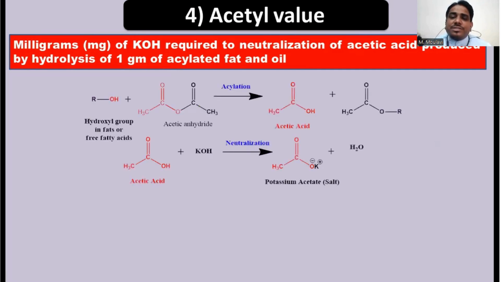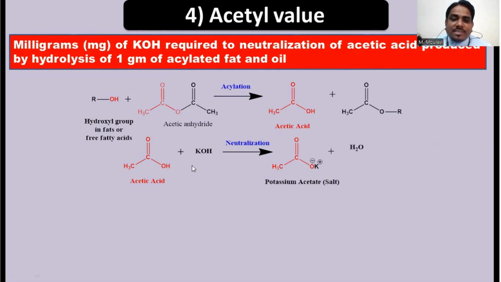So this is the reaction. In the first step, the free hydroxyl group in the form of alcohol or free fatty acid in the fat or oil is acylated by using acetic anhydride to form acetic acid and the acylated fat. So acetic acid is generated during the acylation of the fat.